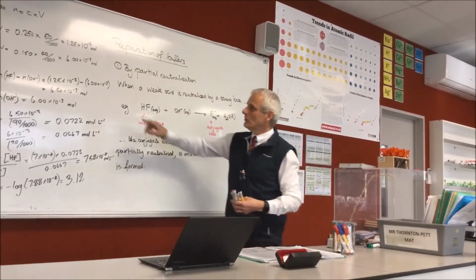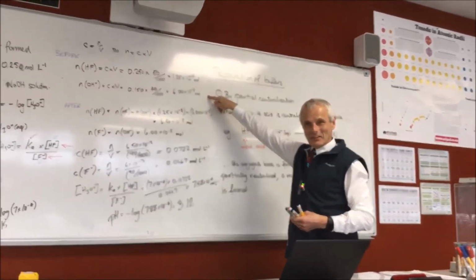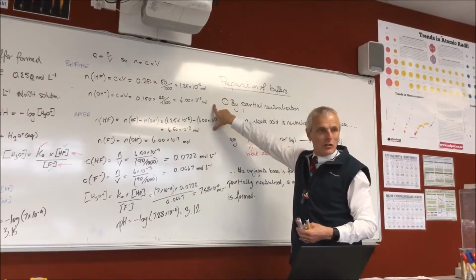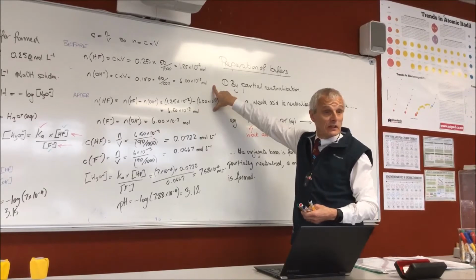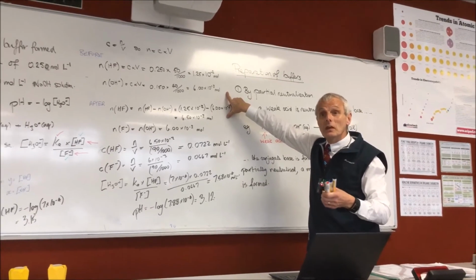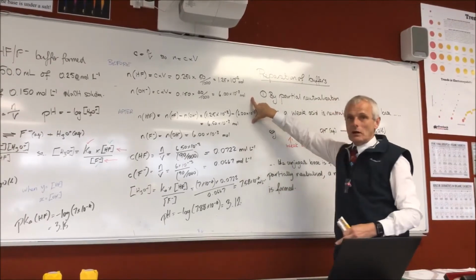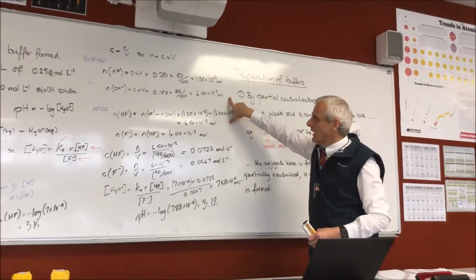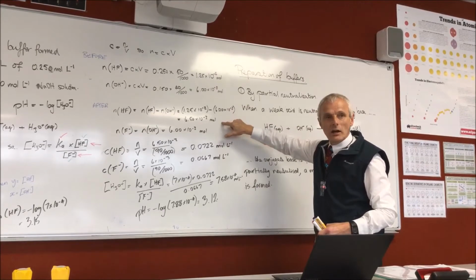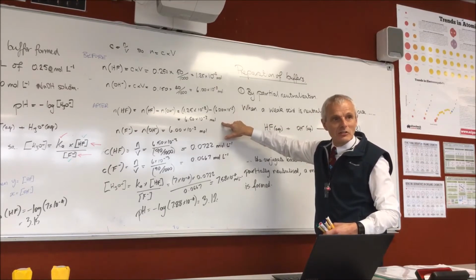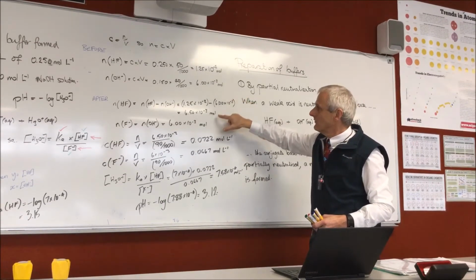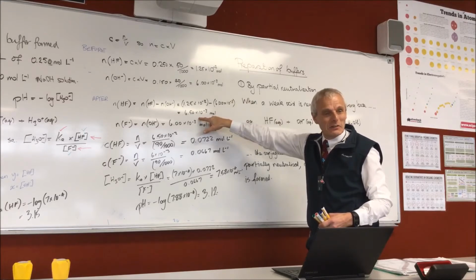If we look at these two concentrations, they're very close. So they're almost 50-50. Remember, at 50-50, the pH equals the pKa. This is very slightly lower. And that's what we would expect because we've got a slightly higher concentration of acid to its conjugate base. Only very slightly higher.